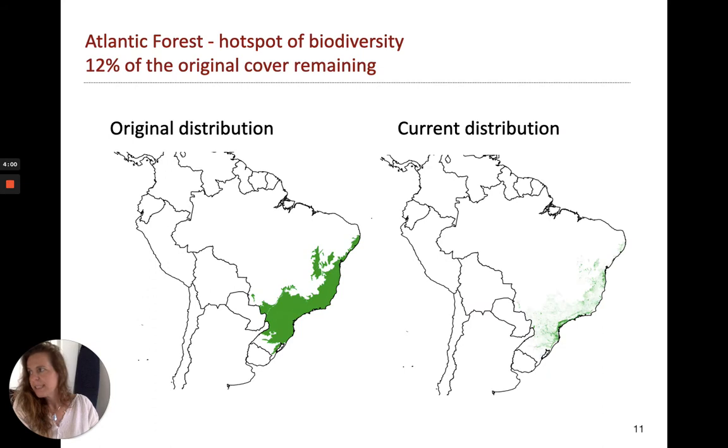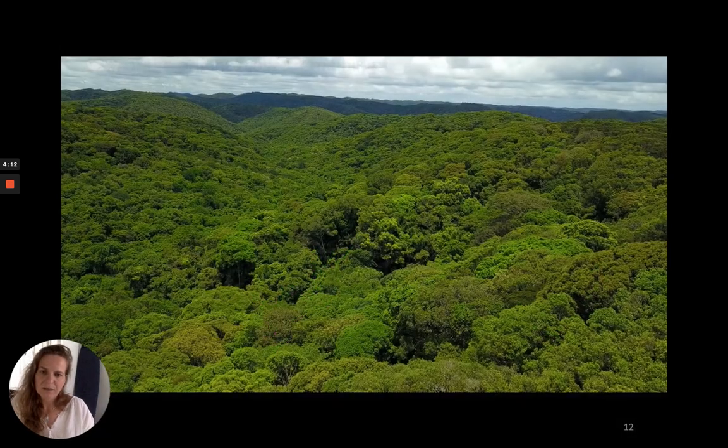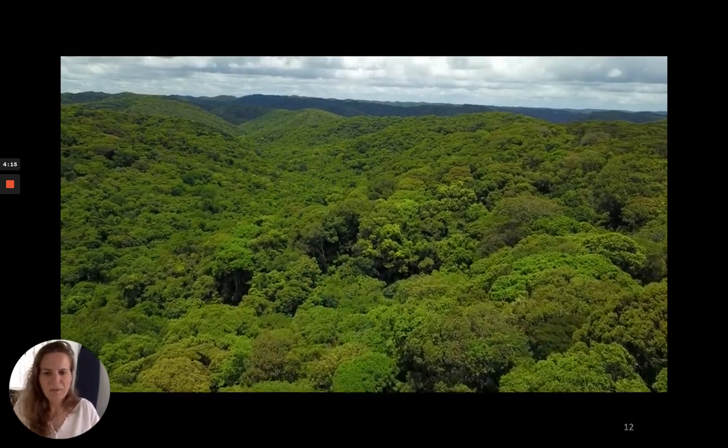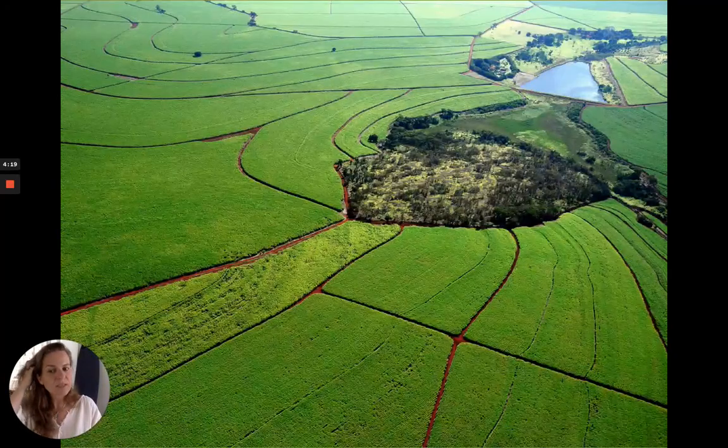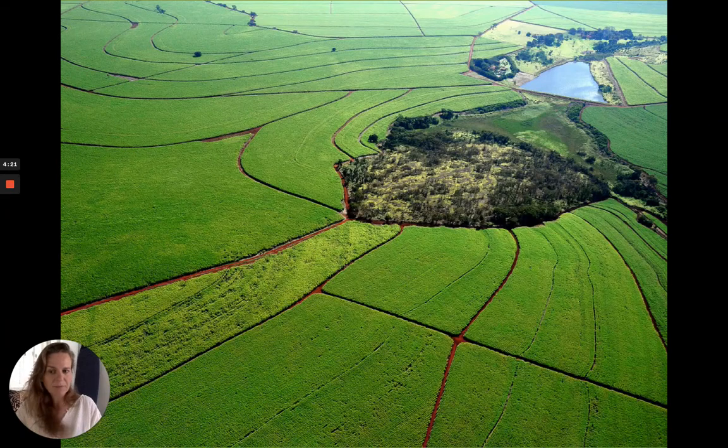And then, unfortunately, the Atlantic forest is a living lab to study such phenomena, from where we have nowadays only around 12% of the regional cover remaining, which means that we can still find some more pristine and continuous forests such as this one, but most of the landscape would look like that.